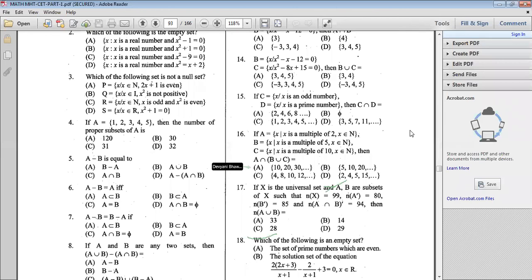C is the multiple of 10, right? Multiple of 5 and multiple of 10. So means here every element of C is also available in B. Okay, just observe this. 16th problem. Where A is the set x where x is a multiple of 2.